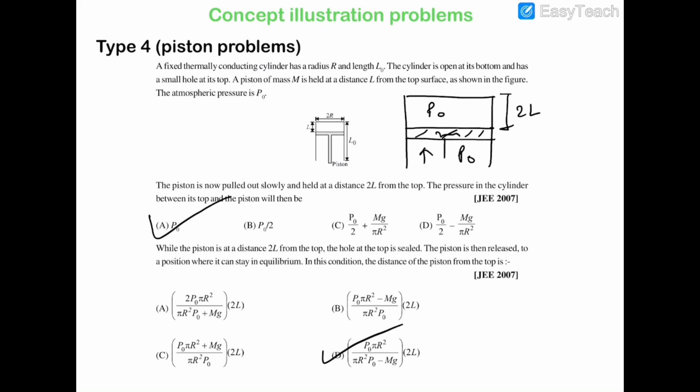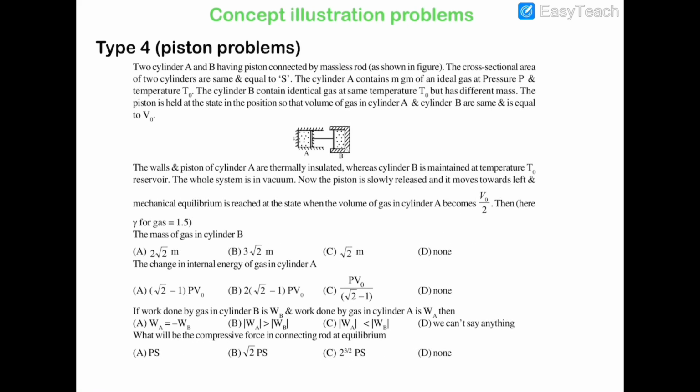Now we move on to the next question. In this question, you can see that there are two cylinders A and B, which are fitted with pistons of same cross-sectional area S, and the cylinder A contains m gram of an ideal gas at pressure P and temperature T naught, and cylinder B contains an ideal gas at same temperature T naught, but the mass of the gas in B is different.